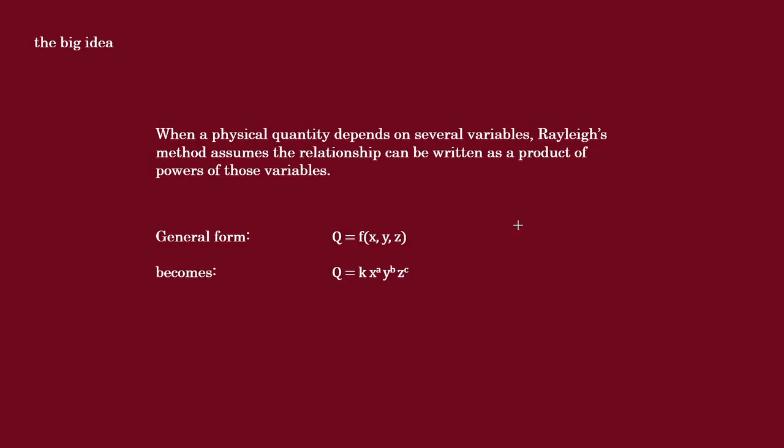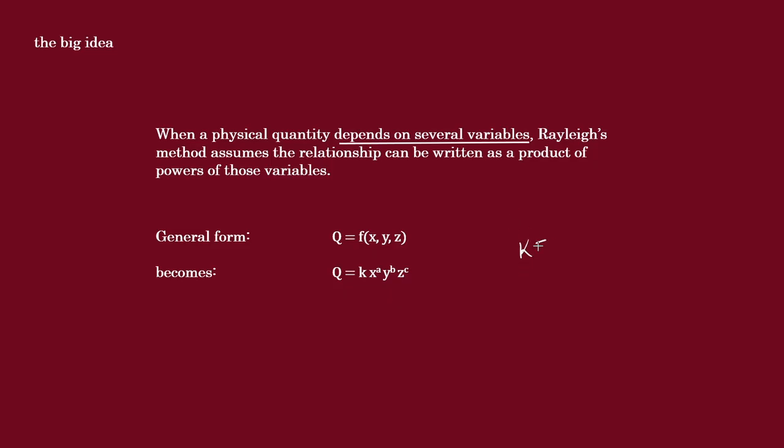So what's the big idea behind Rayleigh's method of dimensional analysis? When a physical quantity depends on several variables, Rayleigh's method assumes that the relationship can be written as a product of the power of those variables. So let's use kinetic energy as an example.